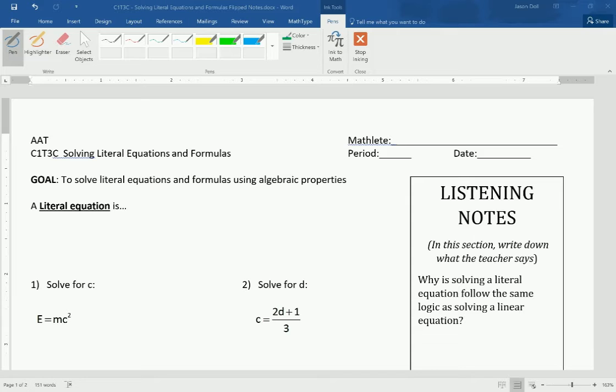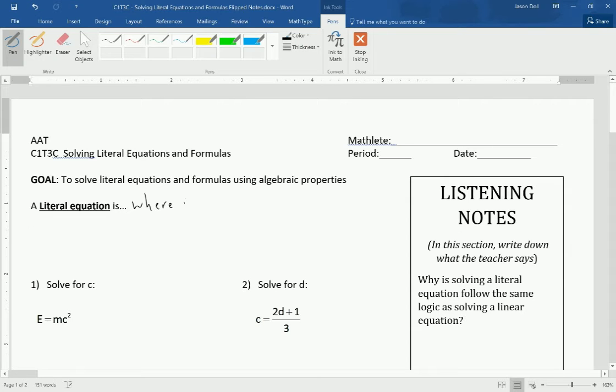So, here's the deal. A literal equation is an equation where the variables represent known values.